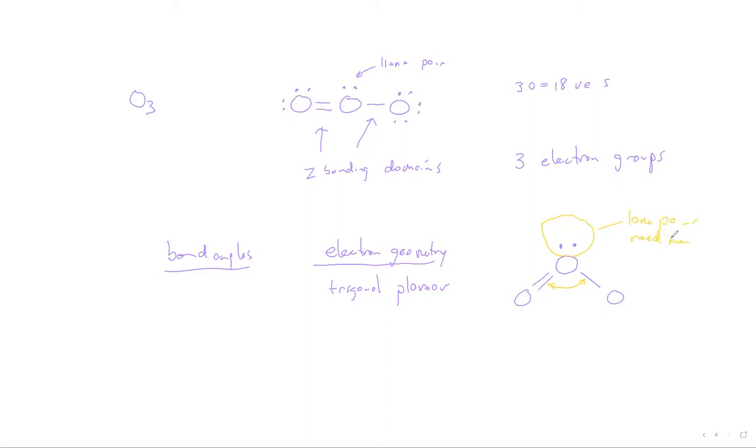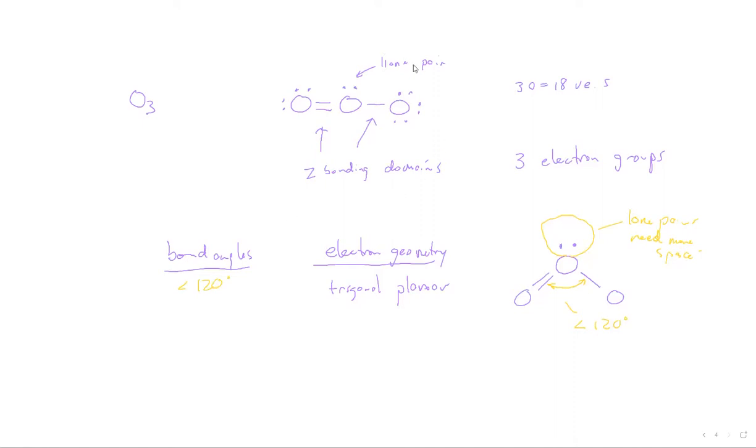So we can just say that this is going to be less than 120 degrees. I think it goes down by about 1.5, so if you really want to be technical, it's probably like 118.5, but less than 120. It shows that you know what you're talking about. So the bond angle of this one, rather than being 120, is going to be less than 120 because there's a lone pair.